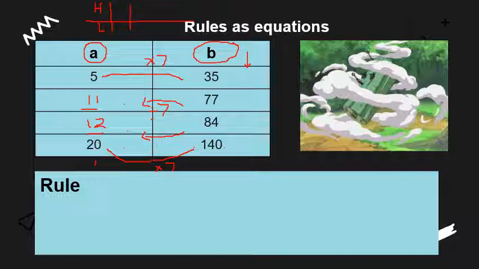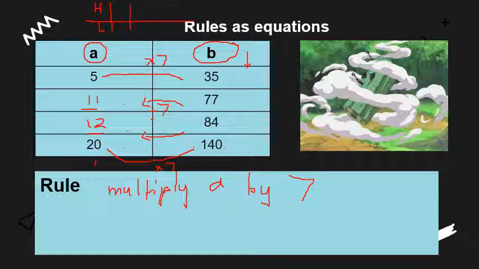What I want to do is think about writing this as a rule. Now we could write it with words. So for example, multiply A by 7. But what I'm going to think about is using an equation, which is a type of number sentence, to express this pattern or this rule.